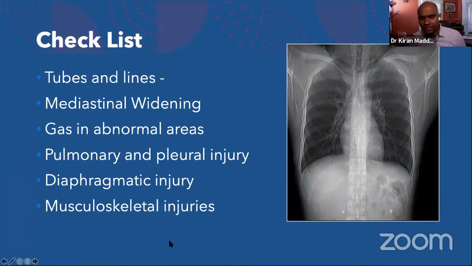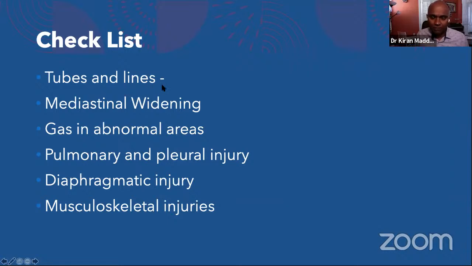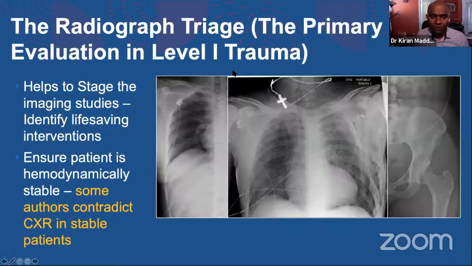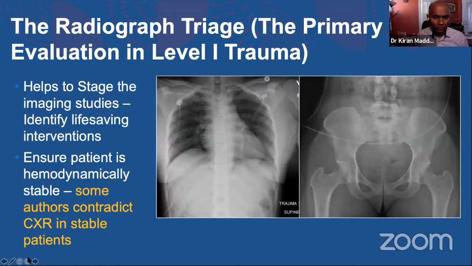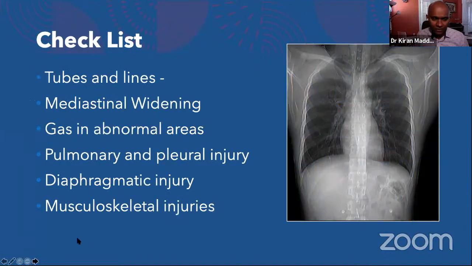So what exactly is the checklist we try to advocate or follow in a case of blunt trauma chest? This is how I look at them. In any chest radiograph, the tubes and lines become very important to observe and notify the ordering physician what exactly is going on with the patient. Next comes the mediastinal widening and gas, finding gas in any abnormal areas like the soft tissues, mediastinum, pleura.